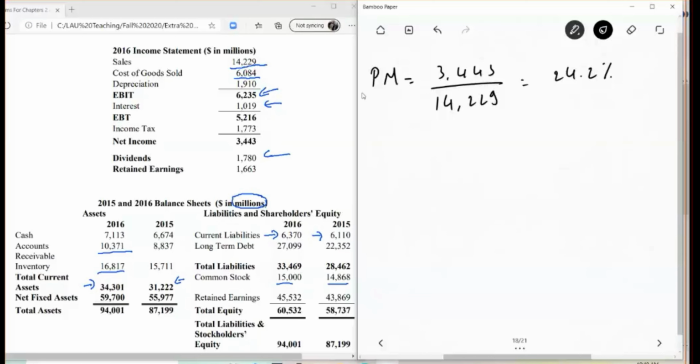Now, return on assets equals net income divided by total assets, 94,001, which gives 3.67%. That's a very low value.